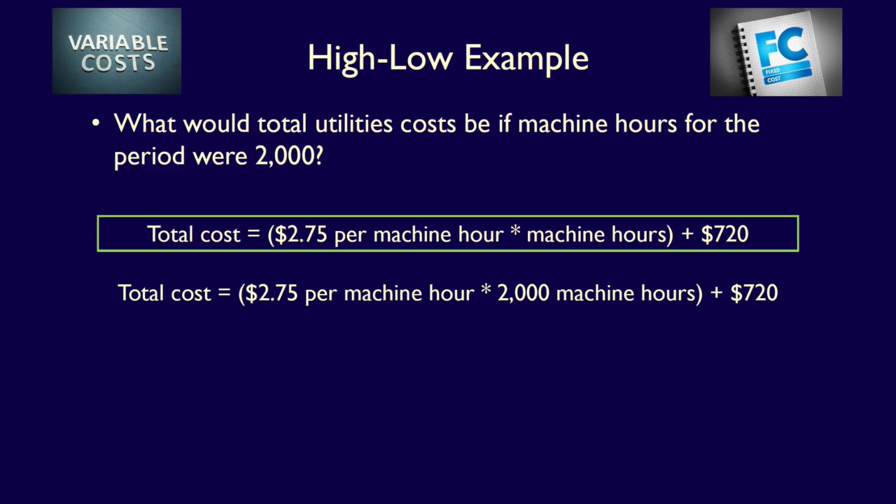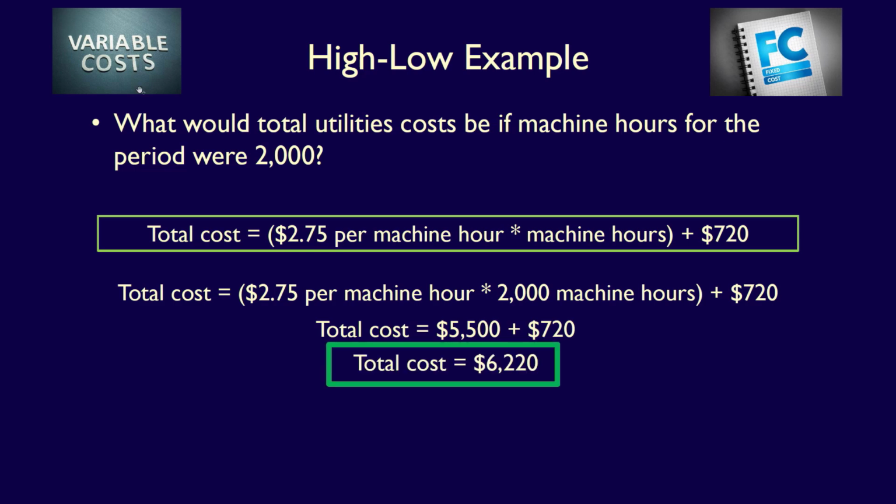So $2.75 per machine hour multiplied by 2,000 machine hours equals $5,500. So total mixed cost is equal to $5,500 plus $720, which is equal to $6,220. This is a prediction of what the total utility cost will be if the number of machine hours is 2,000.